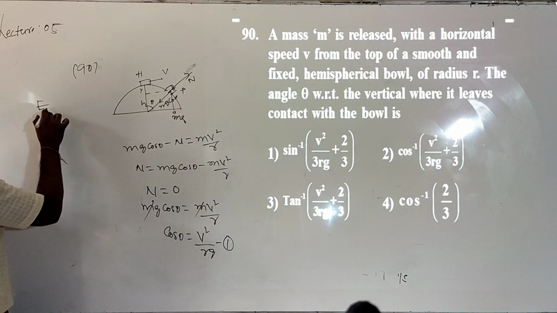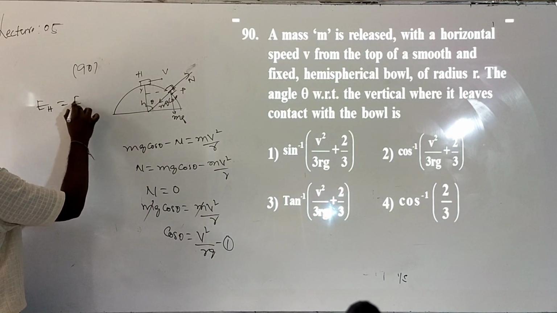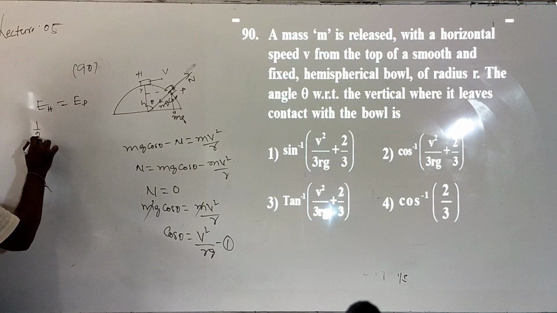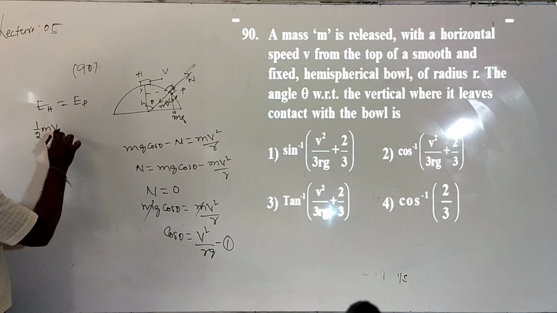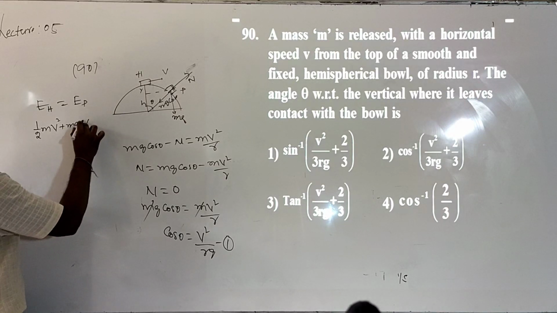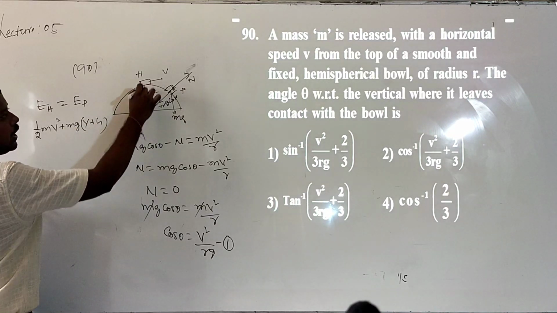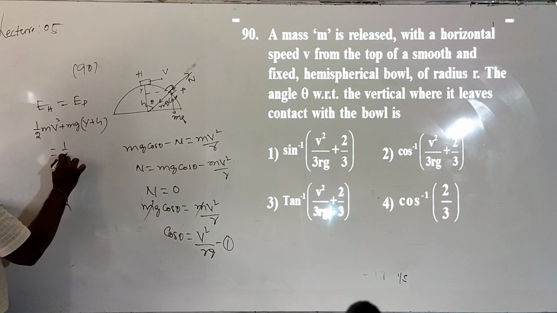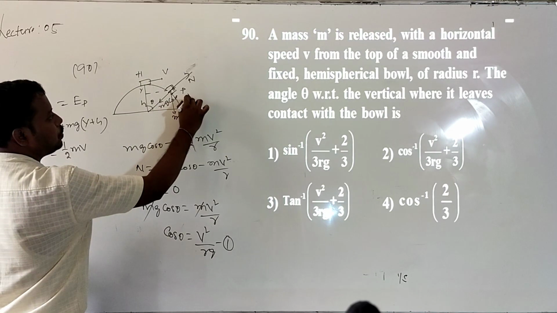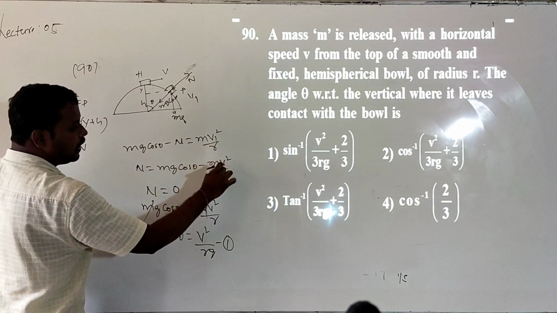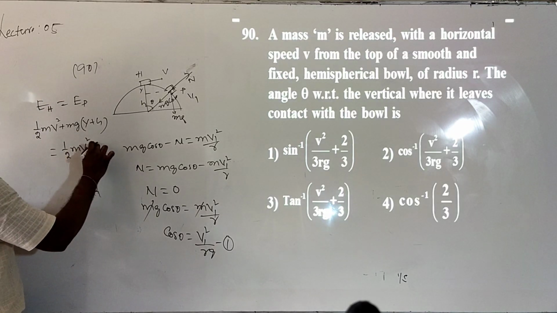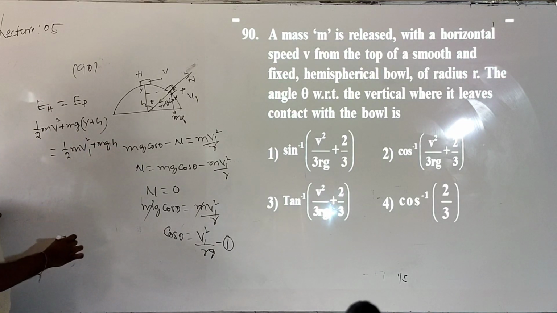Then according to the law of conservation of energy, EH is equal to EP. So EH is equal to how much? At H, the body has both kinetic energy and potential energy: 1 by 2 m v square plus m g times y plus h, the total height, is equal to EP, which is 1 by 2 m v1 square plus m g h. I call the velocity at point P as v1.